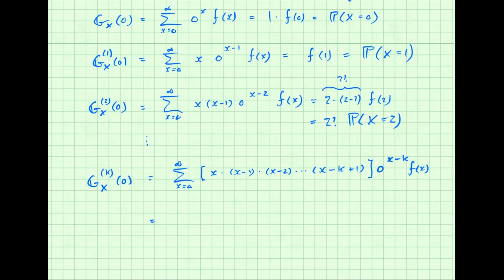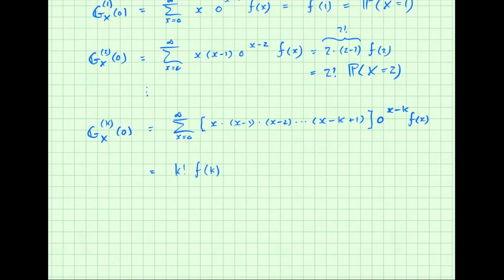And so that thing in square brackets is k factorial. I'll let you work on that to see it. Times 0 to the 0, which is 1, and then times f of k, which is equal to k factorial times the probability that x is equal to k. And that's the proof, sorta.